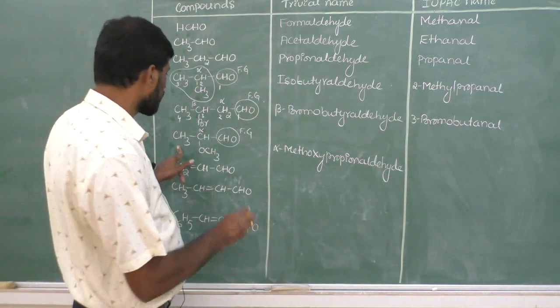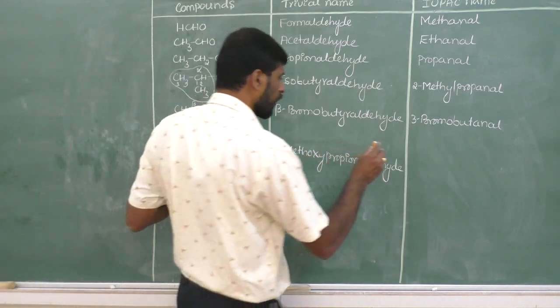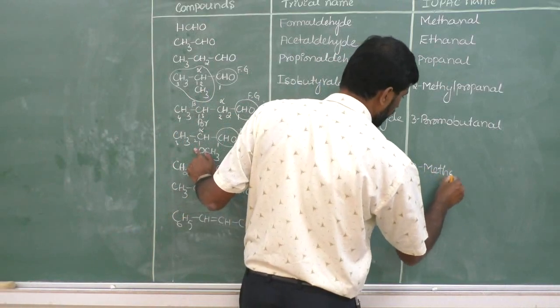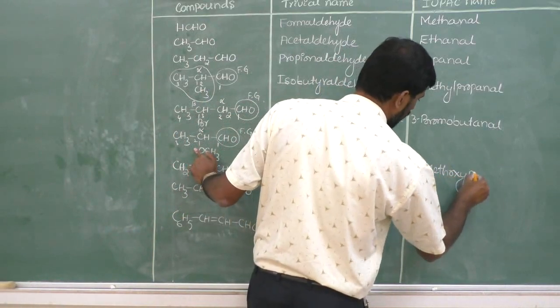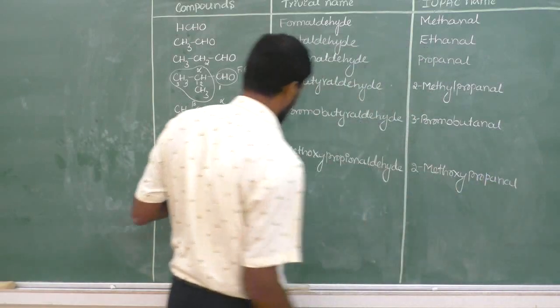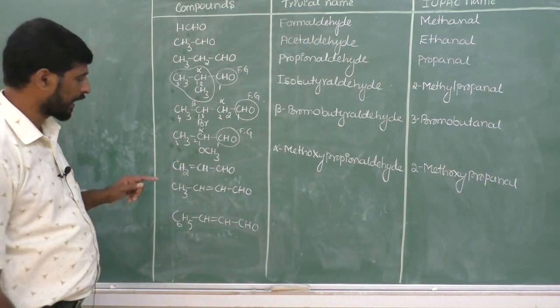What is the IUPAC name? This is 1, 2, 3. Therefore, it is 2-methoxypropanal.